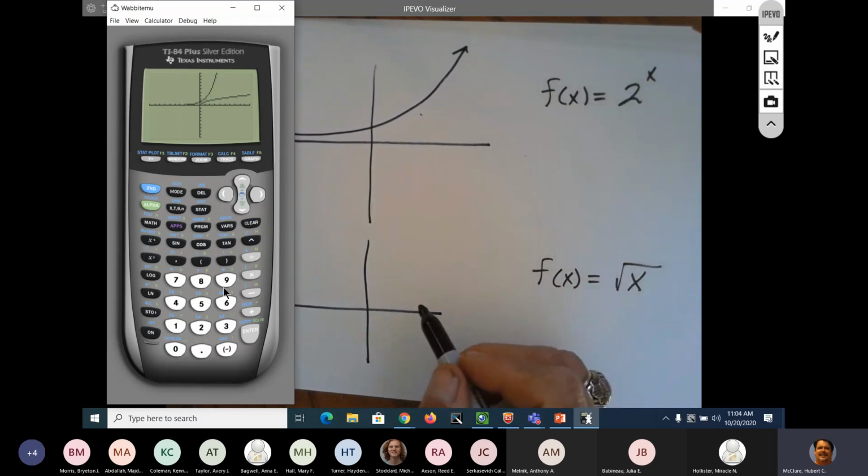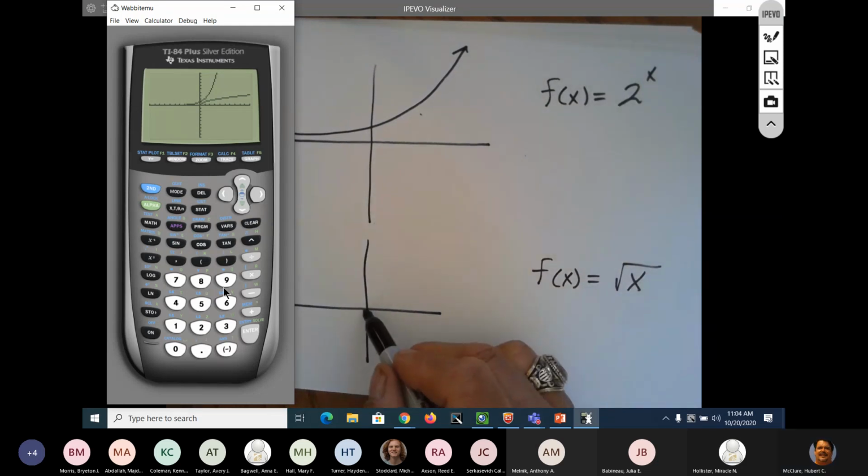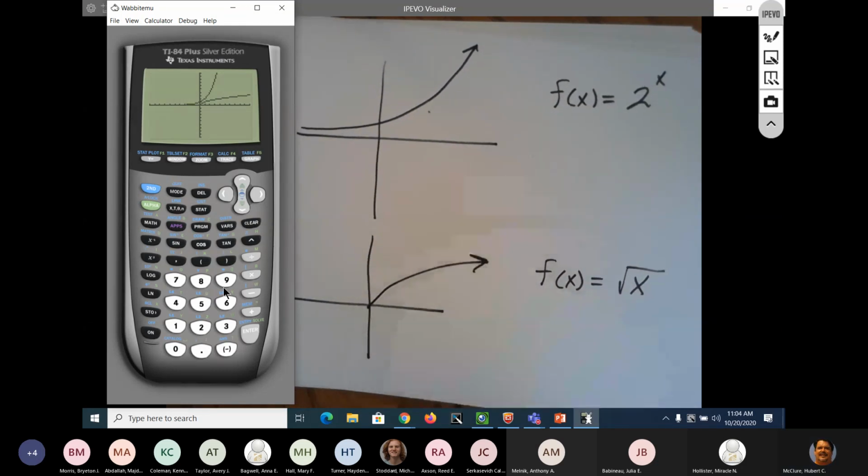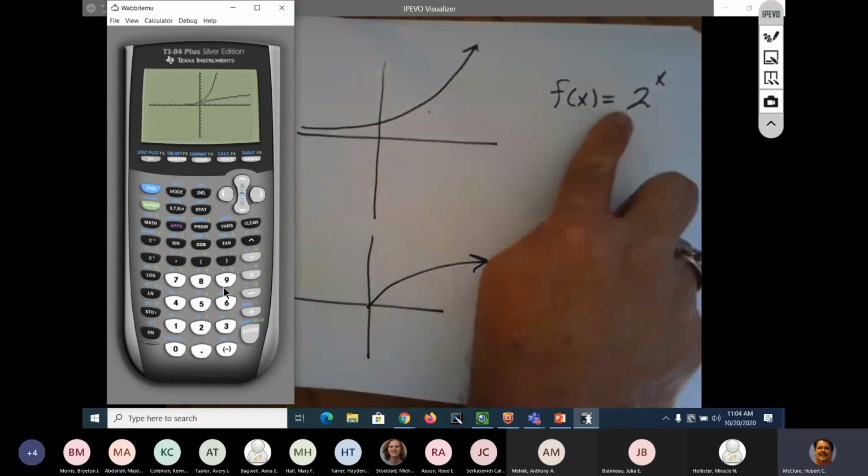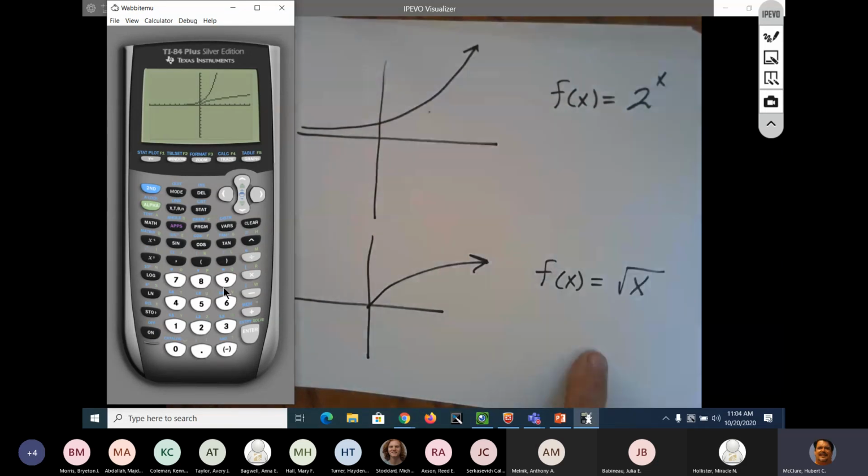Looks like that. So that's 2 more that you need to add to your family of graphs. A power function and a root function. I think I already had that root function on there.